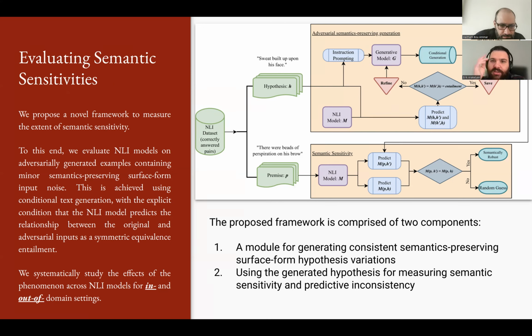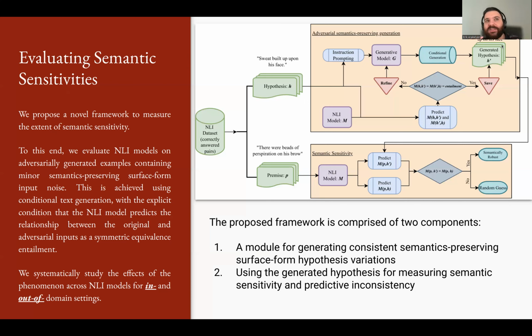We have this very straightforward twofold setup, where one part of it is adversarial semantics-preserving surface form variation generation. It is a very long phrase, but I word it explicitly like this for an explicit reason, because we want examples that are logically equivalent to the original hypothesis. However, they have some different surface form variations that should not impact the outcome. So this is where our general hypothesis comes in.